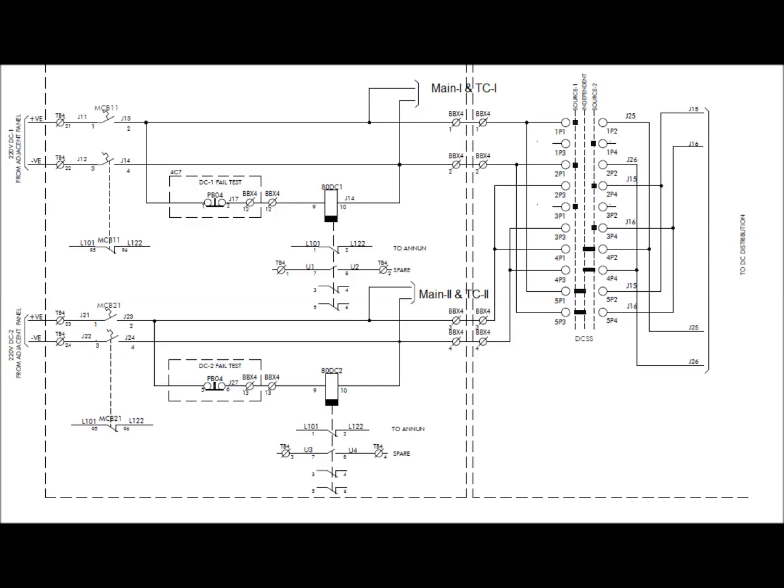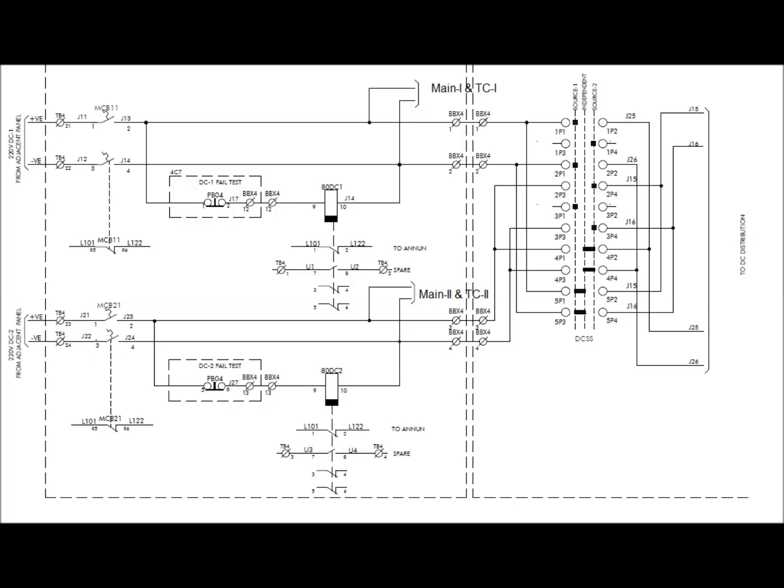Again, the DC source 2 is taken from the DCDB as J21 and J22. After MCB 21, it is taken to the main 2 protection and trip circuit 2 of the circuit breaker. Again, there exists a DC supervision relay, 80 DC2, to monitor the health of the DC, whether DC is available all the time. If DC is not available, then an annunciation will come to the annunciator as DC2 is faulty.